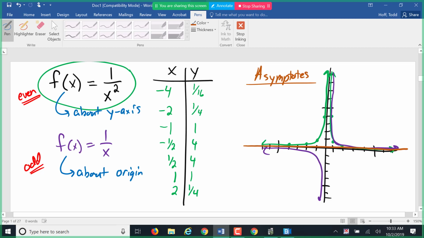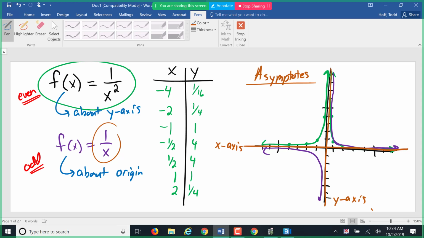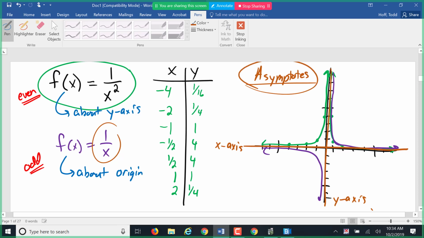One asymptote is the x-axis. That graph cannot cross the x-axis. No matter what we put in there for x, 1 divided by x is never going to equal 0. The other is the y-axis here. We can never put x equals 0 in there because we can't divide by 0. Now the x-axis and y-axis are common asymptotes, but they're not the only ones.